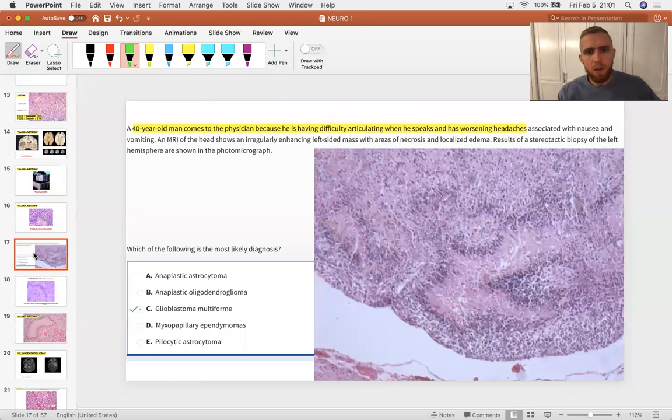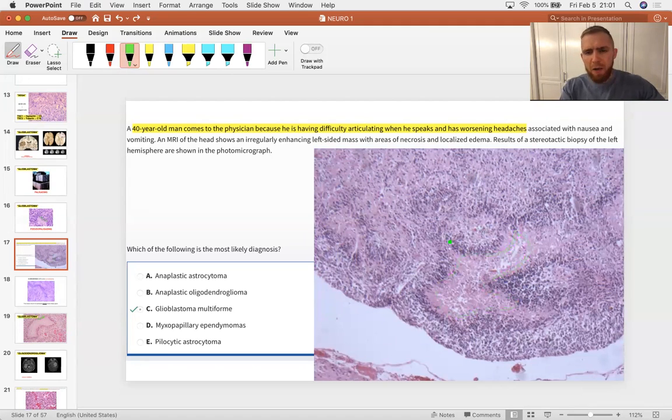Here's a question. 40-year-old man shows up to the doctor. He's having difficulty articulating when he speaks, and he has worsening headaches associated with nausea and vomiting. You do an MRI, you see a brain mass, you take a stereotactic biopsy, and you see this histology. What do you see here? I see this kind of swath or field of necrosis.